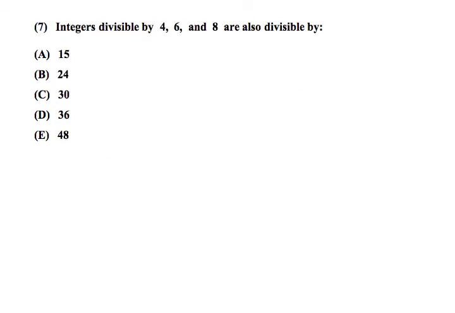Next problem. Integers divisible by 4, 6, and 8 are also divisible by which of these? With divisibility, you want to be thinking in terms of prime factors. So you could factor 4 into 2 times 2, 6 into 2 times 3, and 8 into 2 times 2 times 2.